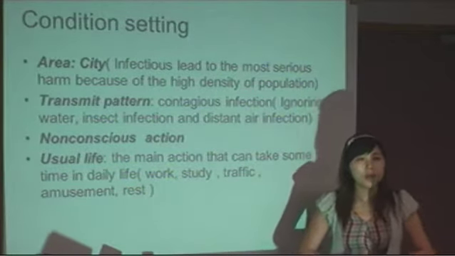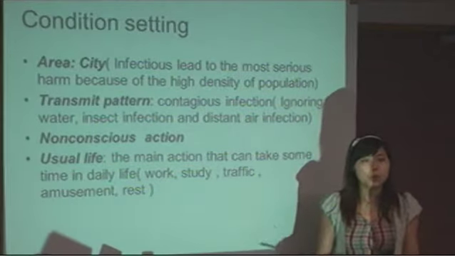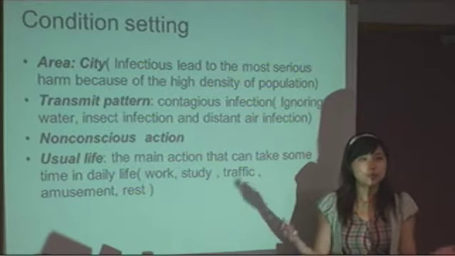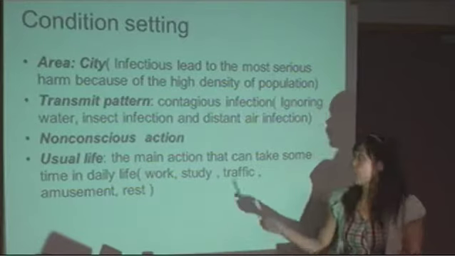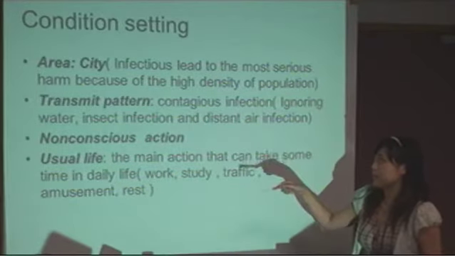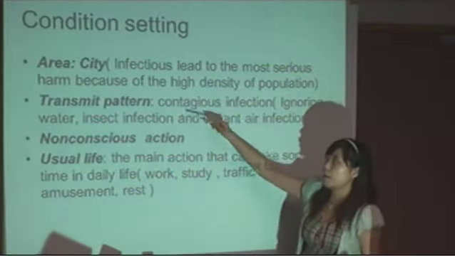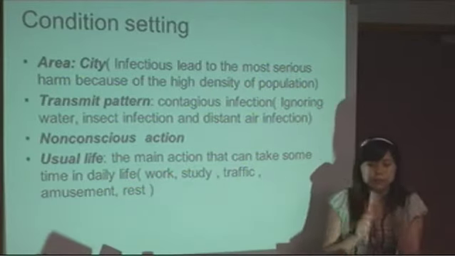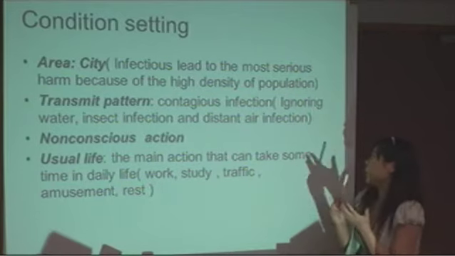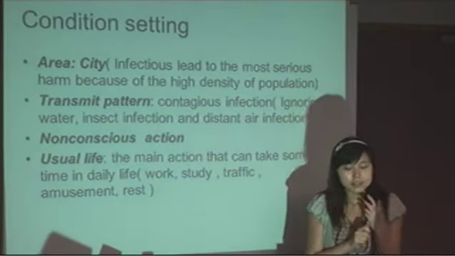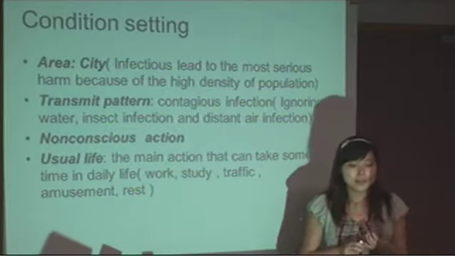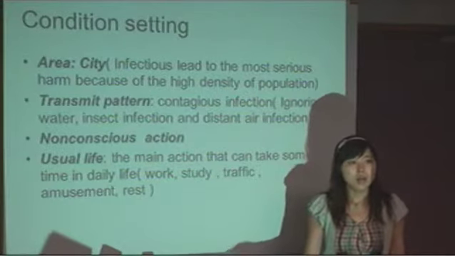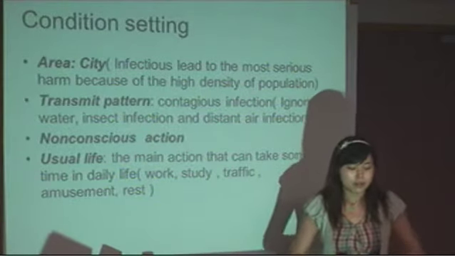For the model, I must reduce the conditions because this is too huge. So I set some conditions for the area. I just put emphasis on the city because of the density of populations, the city get more harms about the infections.